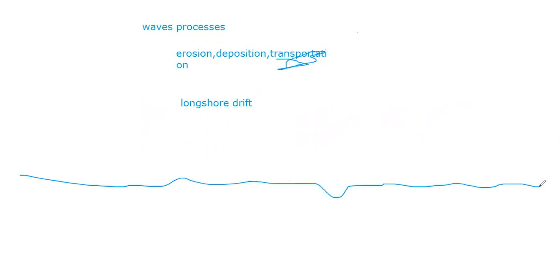So one important factor affecting the movement of sediment and its deposition at the coast is the angle in which the waves approach the shoreline. Believe it or not, they approach the shoreline at an angle.